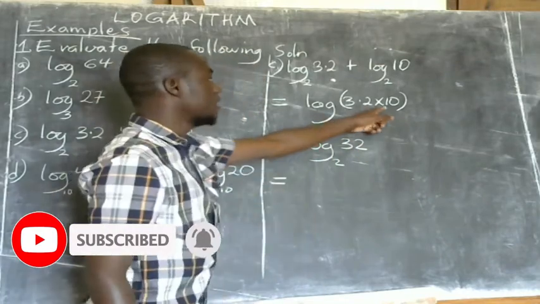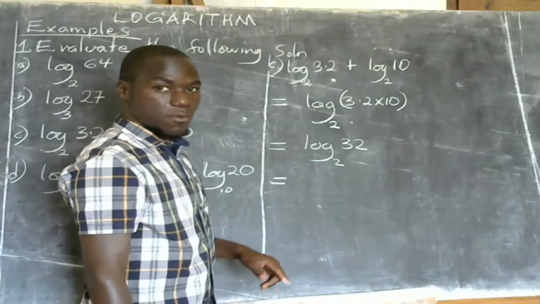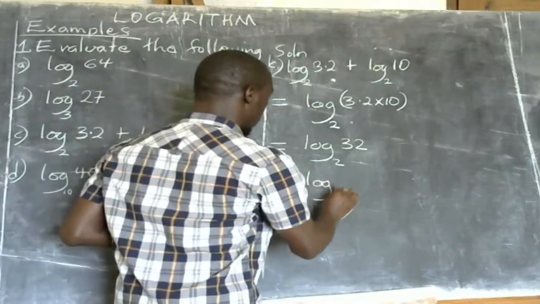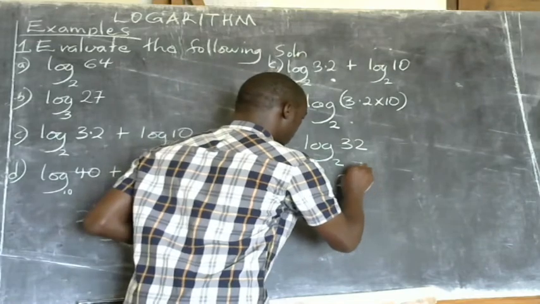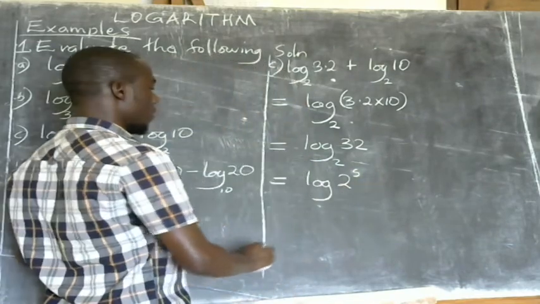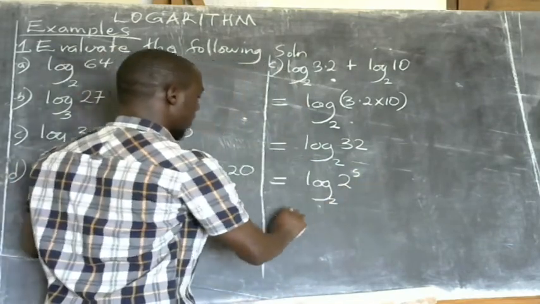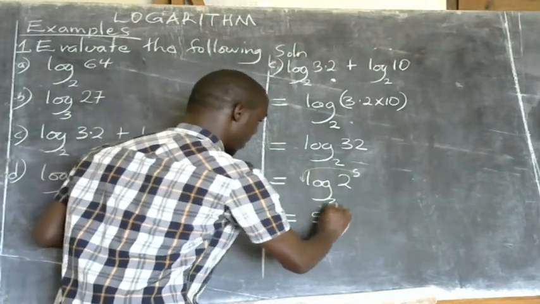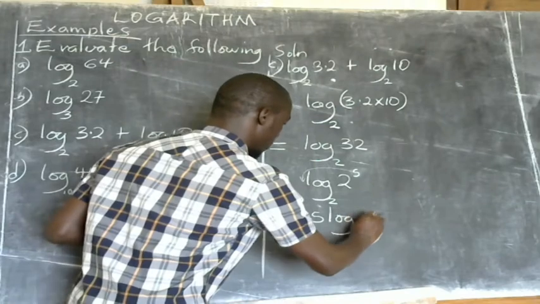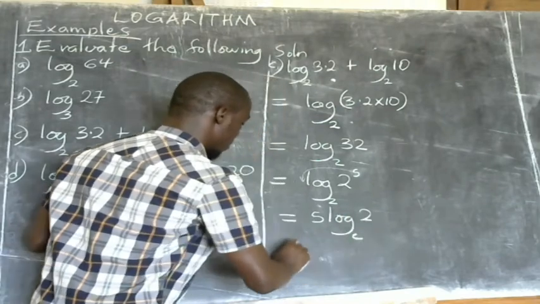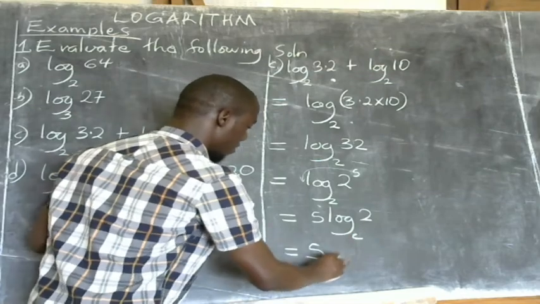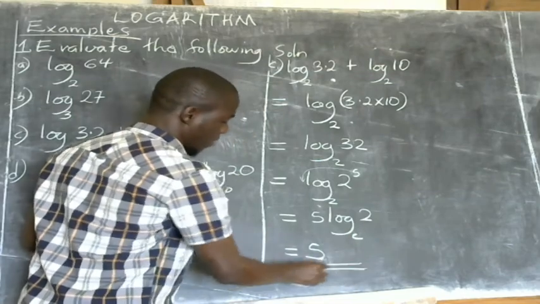Then prime decomposing 32, that becomes log 2 power 5 base 2. Then the 5 is going to somersault up to there. So that is 5 log of 2 base 2. And now this is going to become 5 times 1, which is going to give me 5.